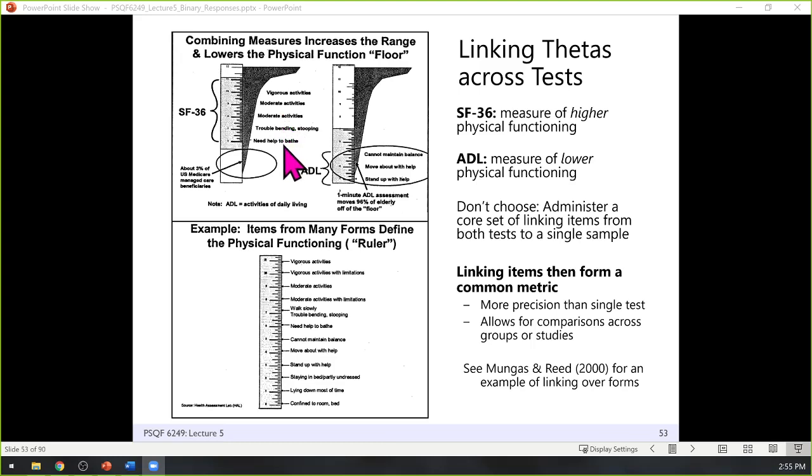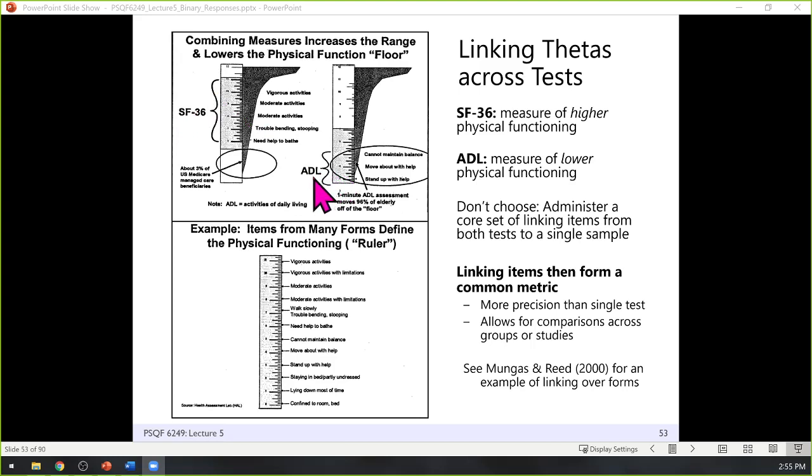The lowest items on the scale would be things like you need help bending or bathing and that kind of stuff. In contrast, if you're trying to measure physical functioning in populations with disability, then most of those items on the SF36 are going to be way beyond what they're capable of, and they need a lot easier items.